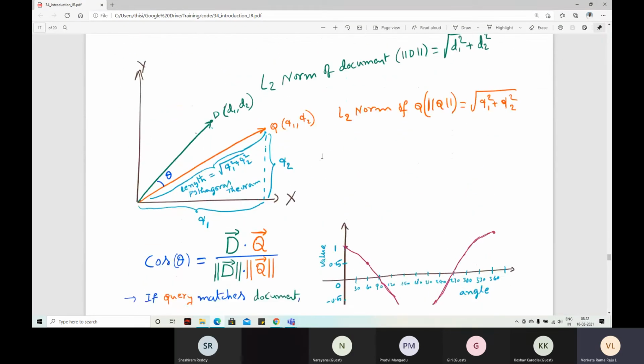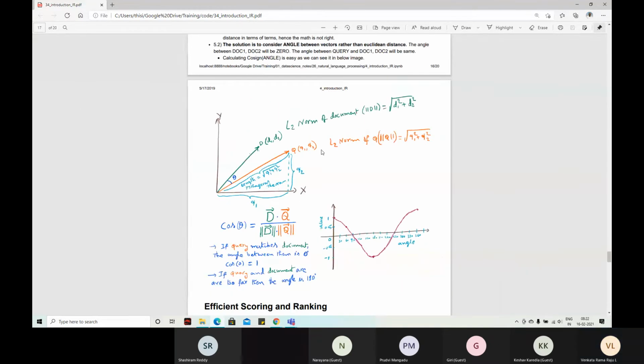Cosine similarity is used very extensively. Okay, so here, there are documents D1 and D2, the data points, and the query is Q1 and Q2.